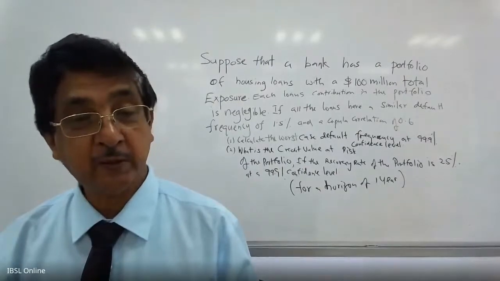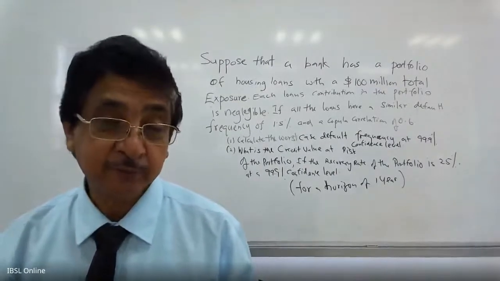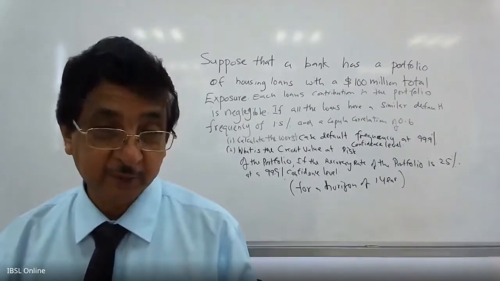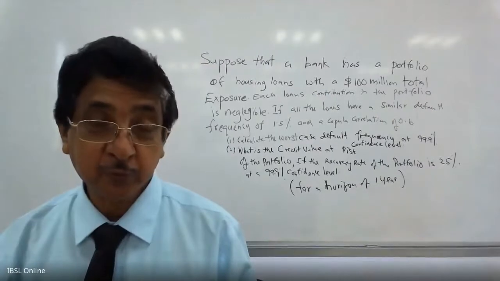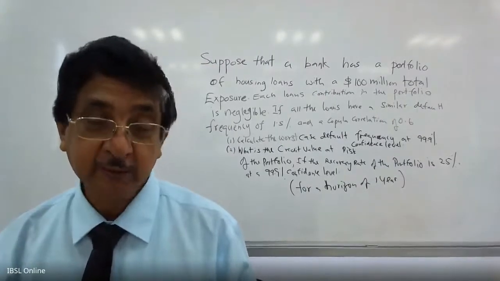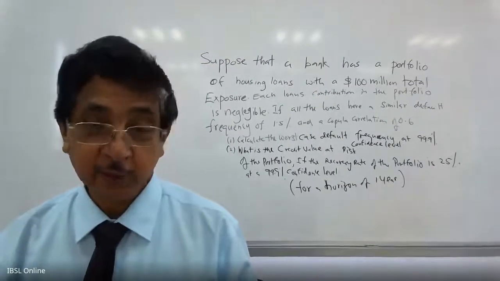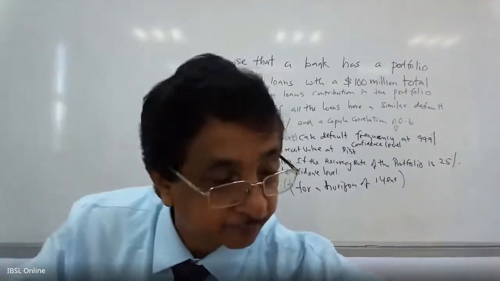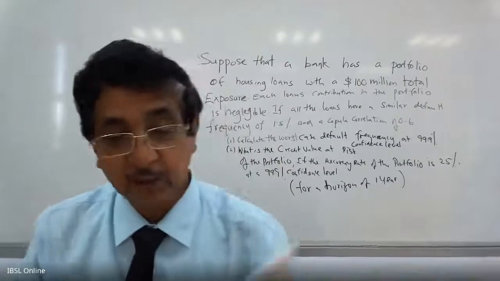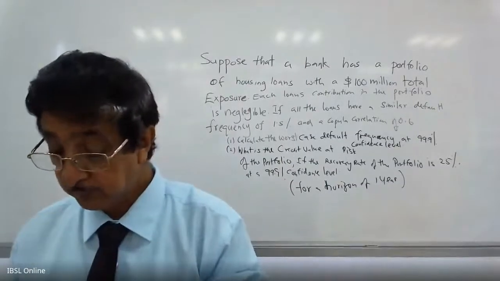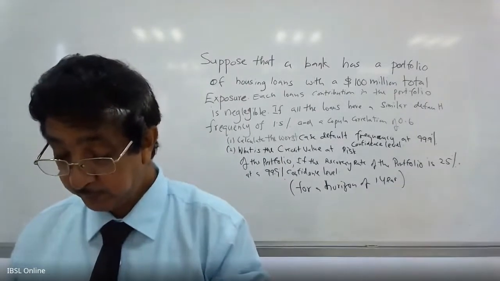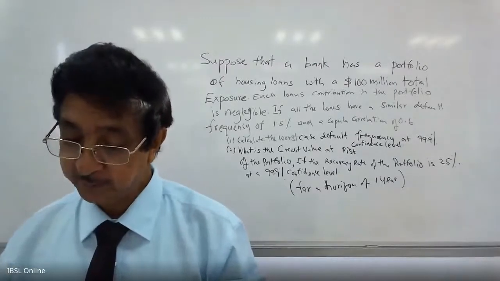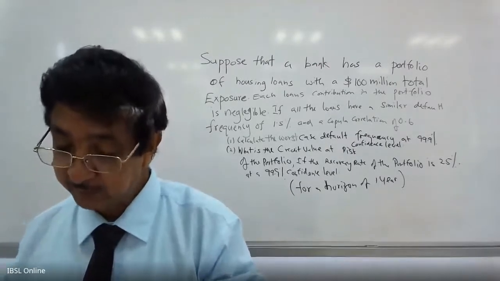Now you can use the Vasicek model, WCDR, which would be equal to N. As per that formula, you all know how to calculate using it.